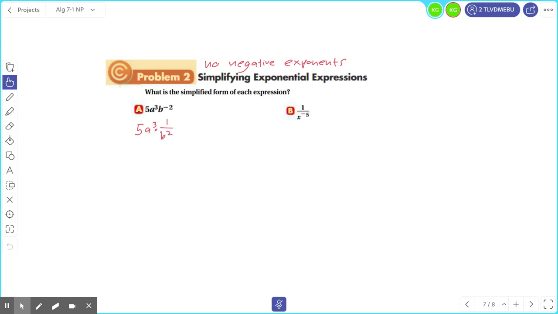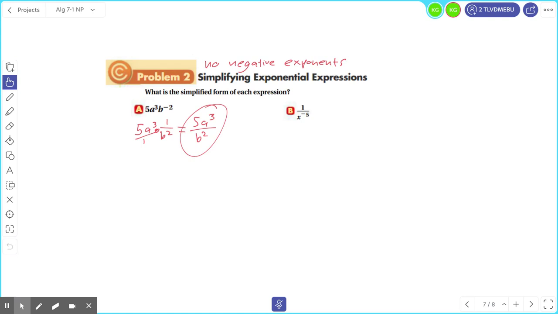If you were to multiply these, 5 times a to the 3rd is the same as 5a to the 3rd over 1. So we can multiply these two fractions, and we get 5a to the 3rd over b squared. And that is the simplified version because we've gotten rid of that b to the -2, no negative exponents. We're good to go there.